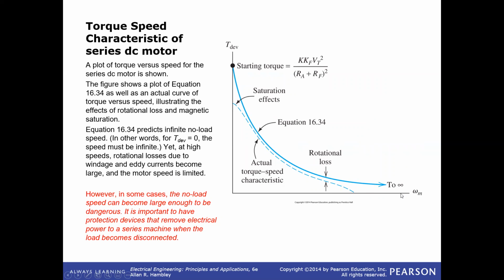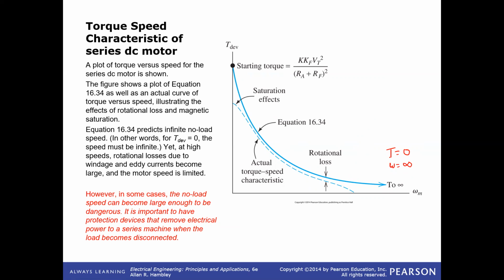Okay, so based on equation 16.34, when you substitute torque equal to zero, the speed is equal to infinity, meaning that the motor will rotate at a very high speed.